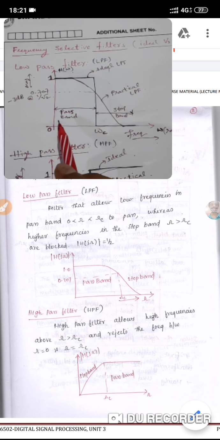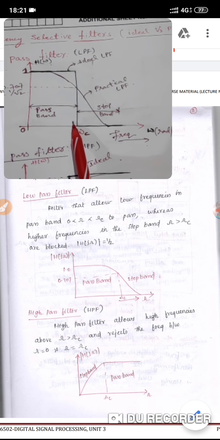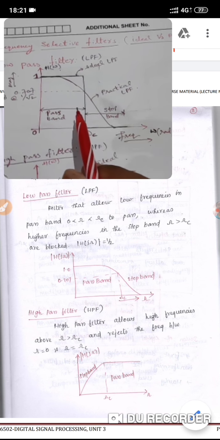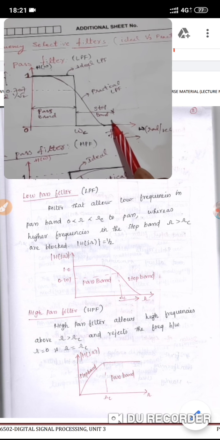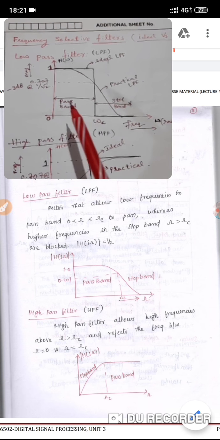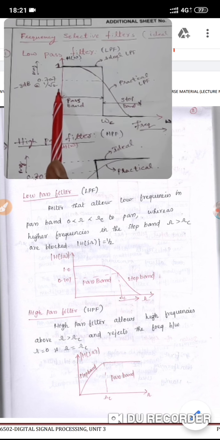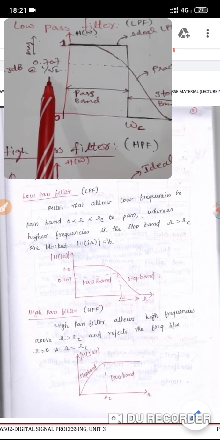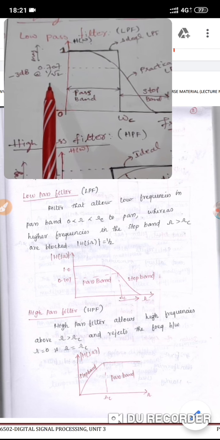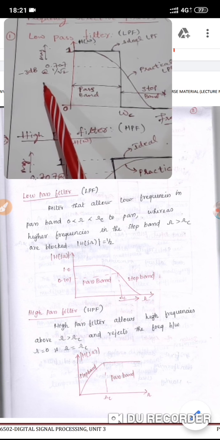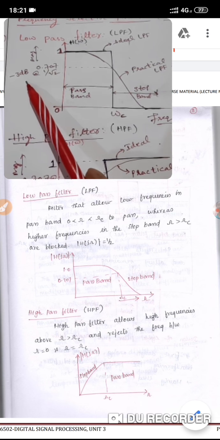The frequencies which are allowed by the low pass filter are called the pass band, and the frequencies which are blocked by the low pass filter are called the stop band. The cutoff frequency we get at 0.707, that is 1 by root 2, or if you take magnitude in decibels, the cutoff frequency is at minus 3 dB.